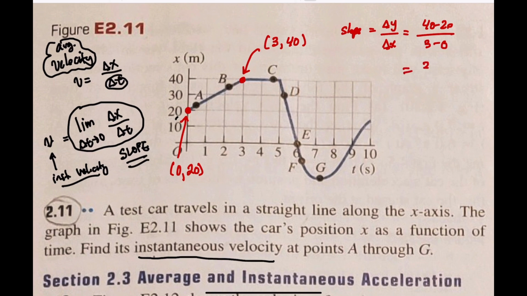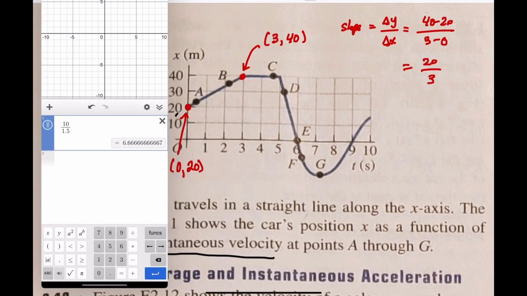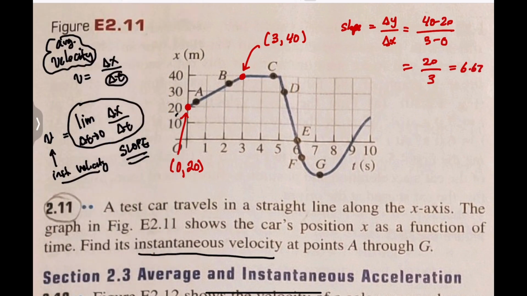So that works out to be 20 divided by 3, which if we were to use our calculator here, 20 over 3 would produce 6.6 repeating. So we can round that to 6.67. The units for that would be meters per second.